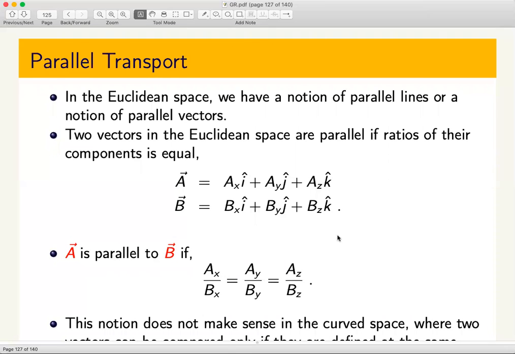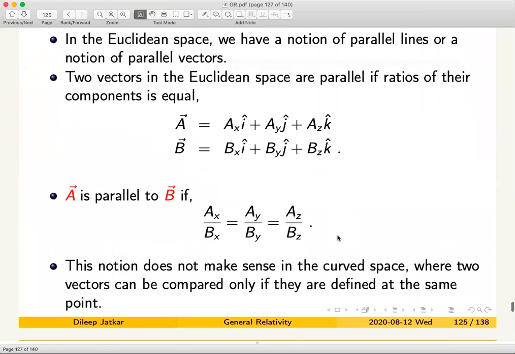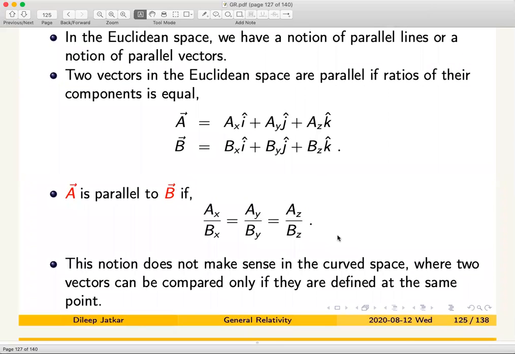Now, of course, this notion does not make sense in curved space simply because two vectors at two different locations cannot even be compared. They can be compared only if they are defined at the same point. But at the same point, defining parallel vectors is a trivial thing because you have a single vector space in which you talk about two vectors being parallel.